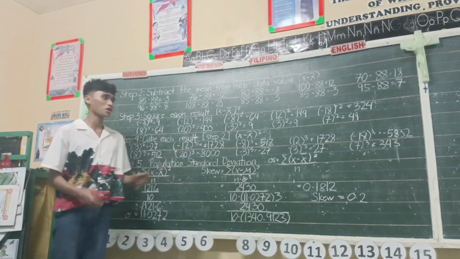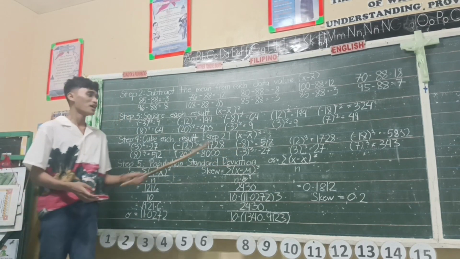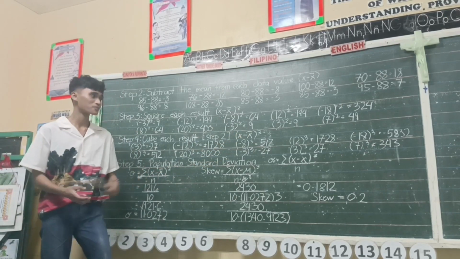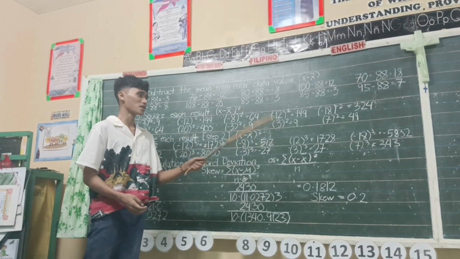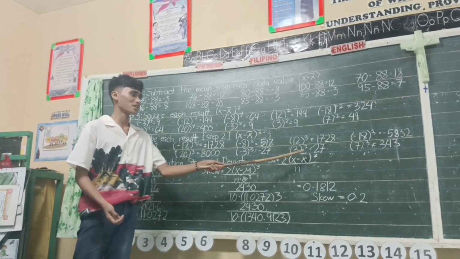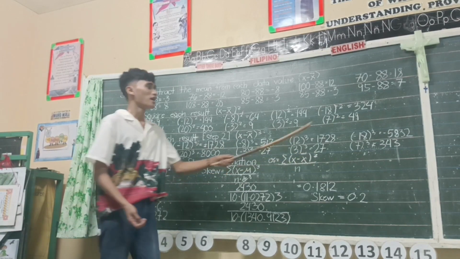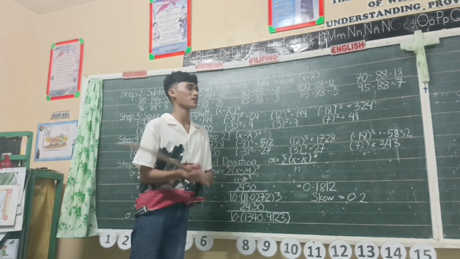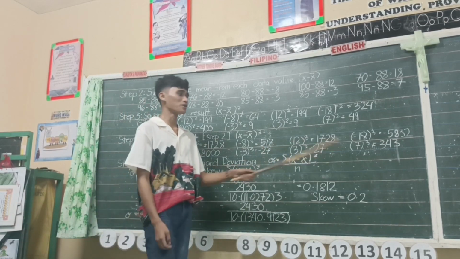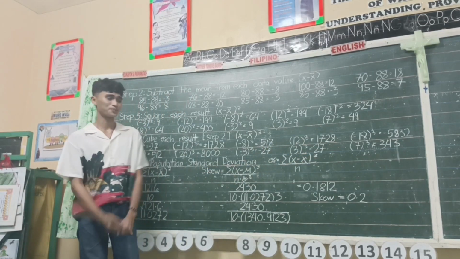Negative 8 cubed is equal to negative 512. Negative 3 cubed is equal to negative 27. 12 cubed is equal to 1728. Negative 3 cubed is equal to negative 27. Negative 18 cubed is equal to negative 5832. 7 cubed is equal to 343.